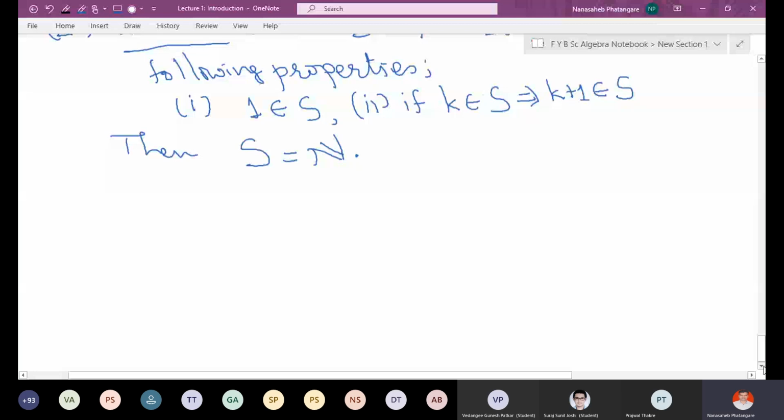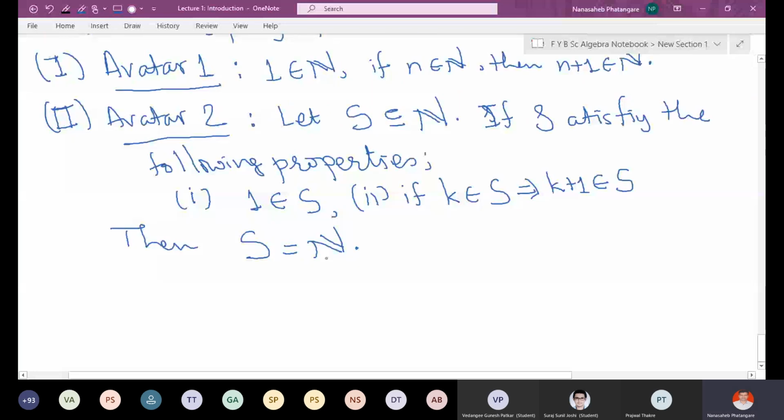Now, next, as an application of this inductive property, we have mathematical induction.